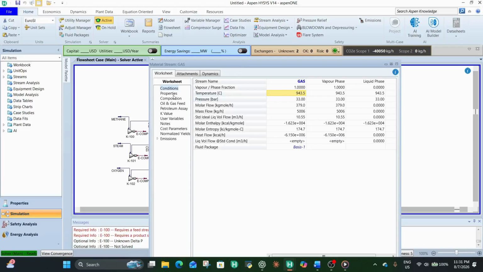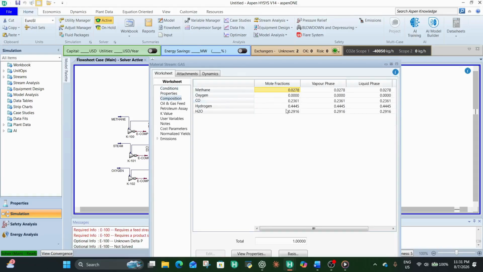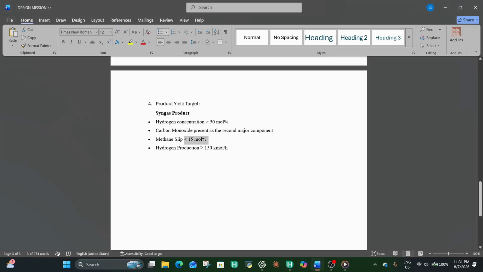But let's take a look at our product yield. 44.45. What's our target again? Our target is less than 15 methane slip, unreacted methane basically, greater than 150 kilomole per hour, and hydrogen concentration of 50 mole percent.